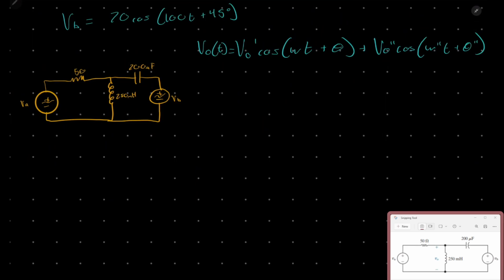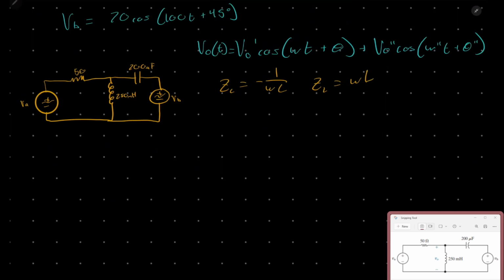Remember, to calculate the impedance for a capacitor, it's going to be negative 1 over WC, with a J. And for an inductor, it's going to be WL.